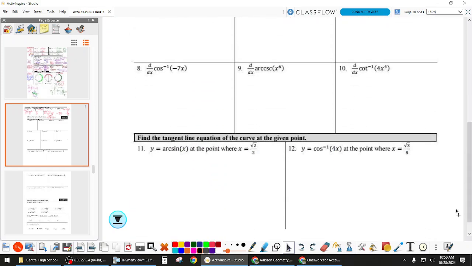Find the tangent line. So we need to be able to plug in the point, get the slope, so that our tangent line actually has something in it, right? Like an actual value. So like what is arc sine of root 2 over 2? Can you do that one quick in your head? On the interval negative pi over 2 to pi over 2.